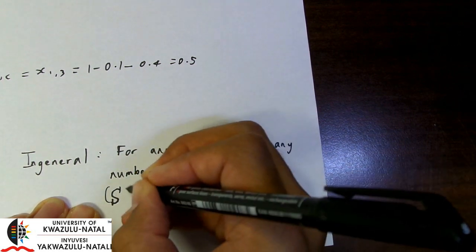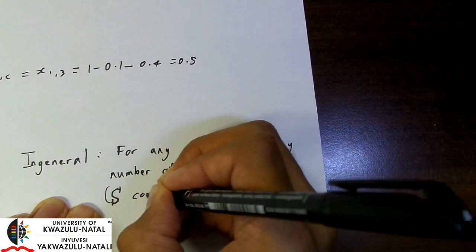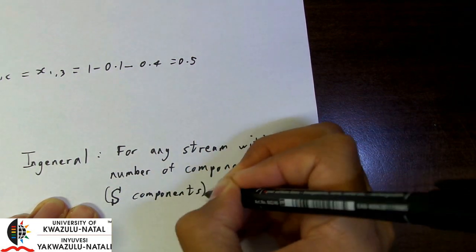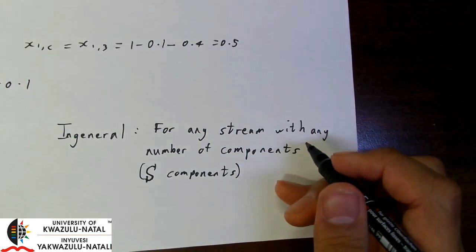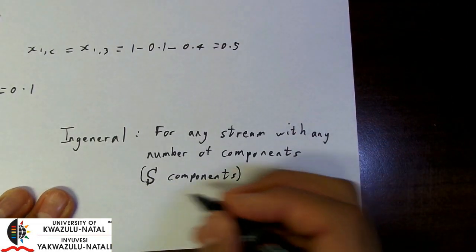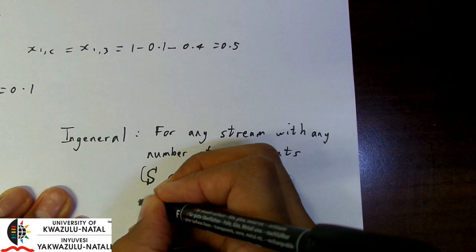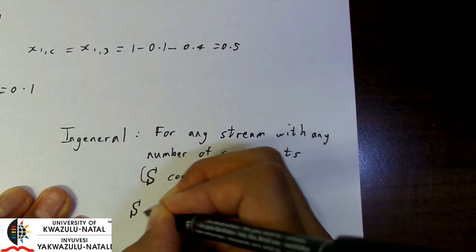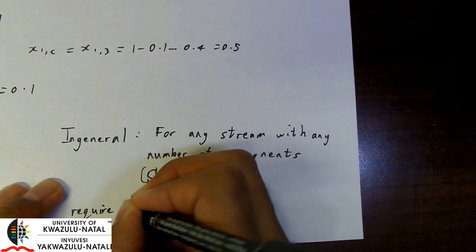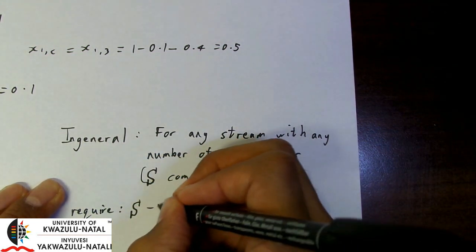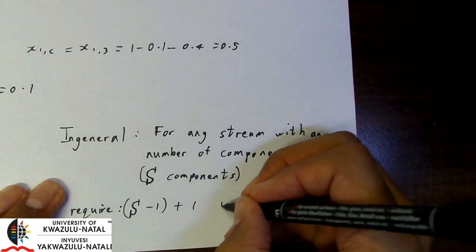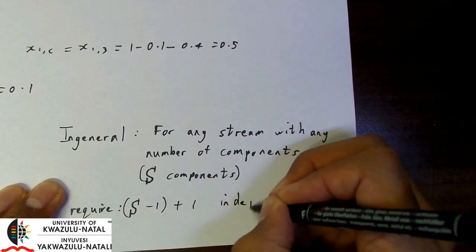Okay, I'm using this fancy S here. We can note that we will always need, or we will always require, S minus 1 plus 1 independent variables.